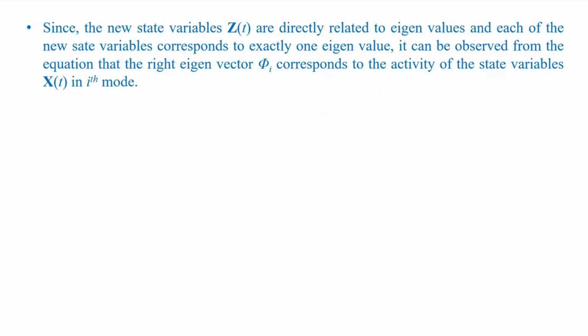Since the new state variables z(t) are directly related to the eigenvalues, and each new state variable corresponds to exactly one eigenvalue, it can be observed that the right eigenvector phi_i corresponds to the activity of the state variables x(t) in the ith mode.